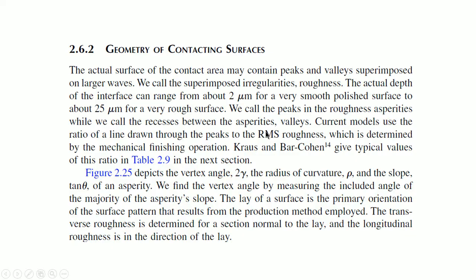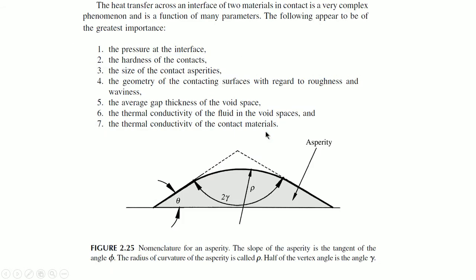Then the next slide also talks to you: it is not just about the material but about positive curvature, and whether there is a way of increasing the pressure at the interface.